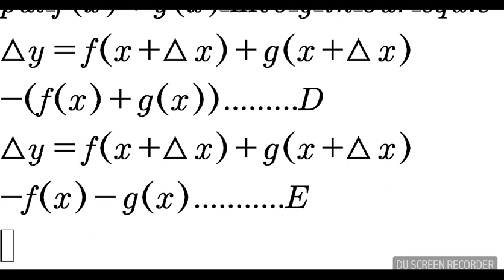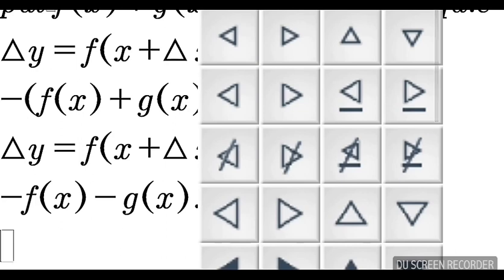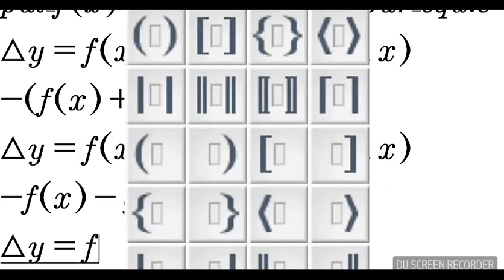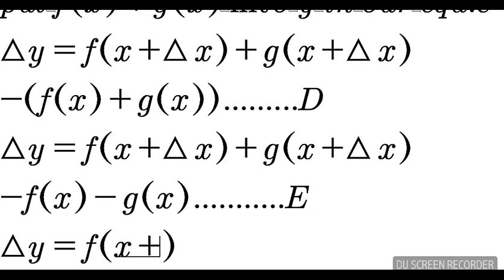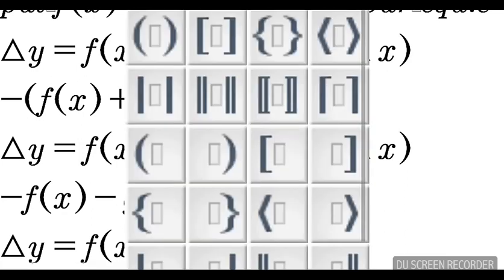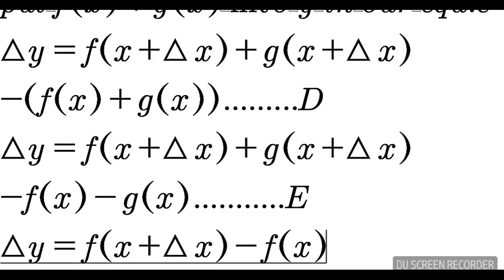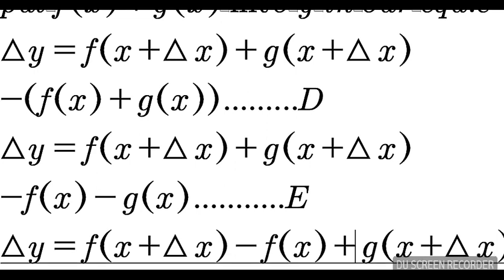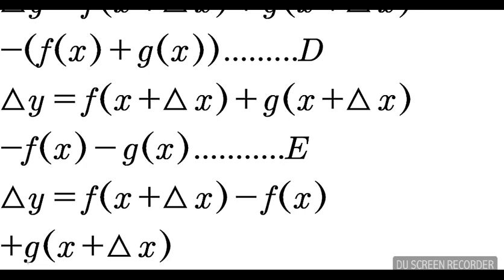Doing that we have delta y equal to f of x plus delta x minus f of x, then plus g of x plus delta x minus g of x.